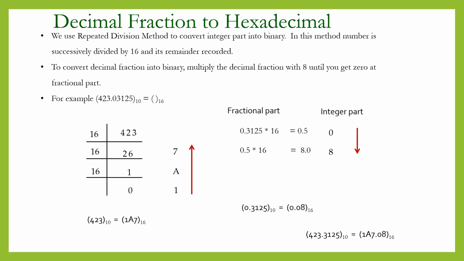It is recorded. So here the fractional part is 0. We cannot do further, and we are going to record this number 0.58, that is the hexadecimal value. So the final answer is 423.3125 decimal value is equal to 1A7.58 hexadecimal value.